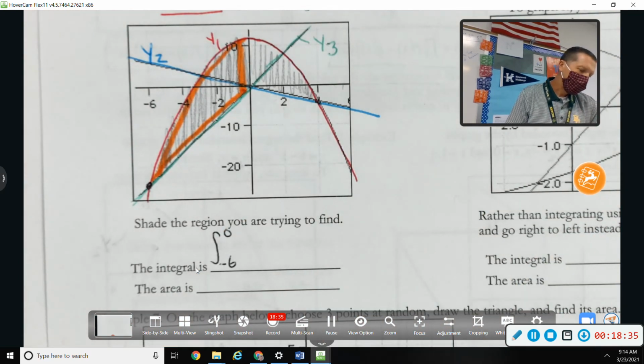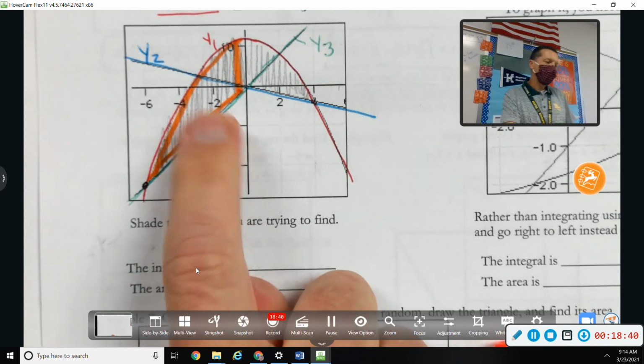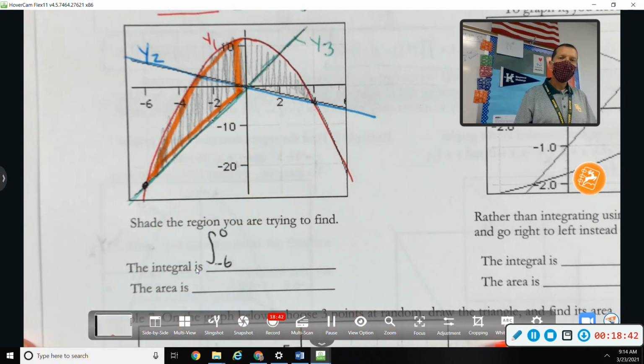And then what's my integrand for that? For this side, which one's the top?